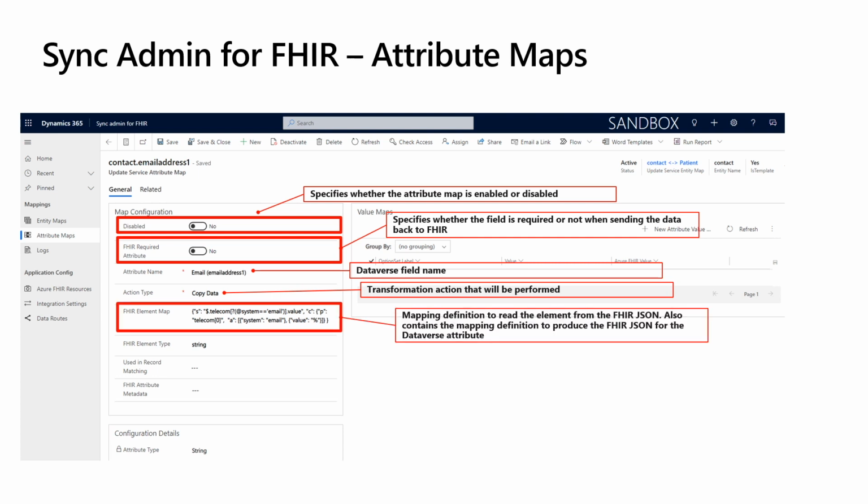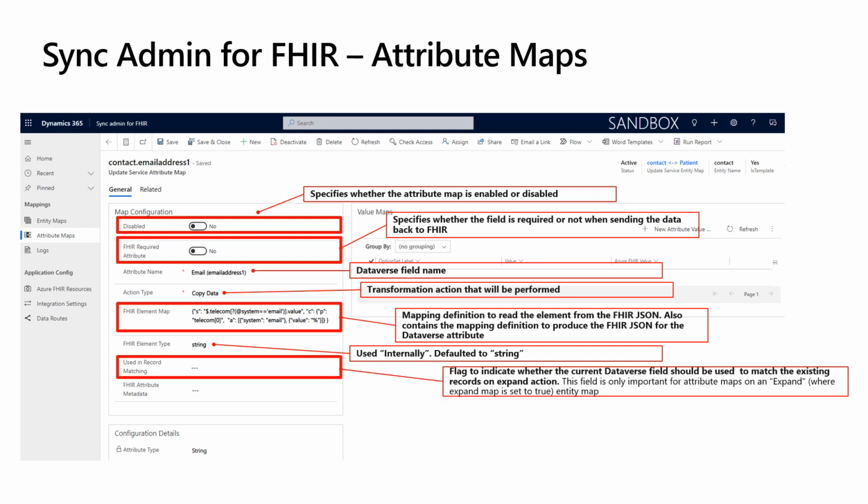The next element is the FHIR element map. This is where you would define the mapping needed for that attribute. Mapping definition to read the element from FHIR JSON also contains the mapping definition to produce the FHIR JSON for the Dataverse attribute. Then the use FHIR element type is used internally. By default, it's defaulted to string.